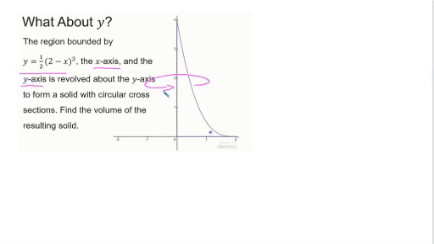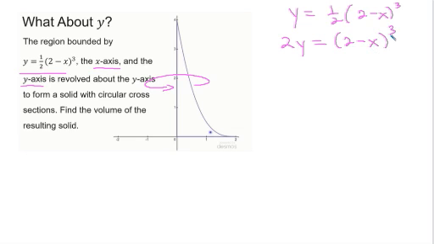This is still a three-dimensional figure, but it is revolved around the y-axis, which means we're going to have to take our function and solve it for x. So I'd multiply both sides by 2. So I have 2y equals 2 minus x quantity cubed.